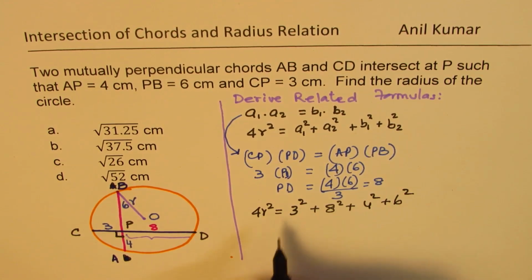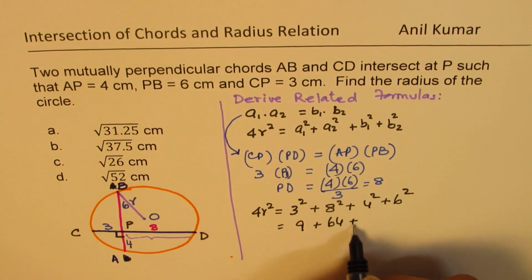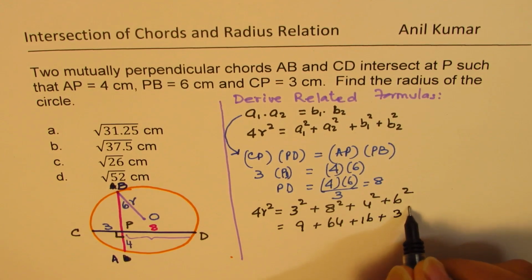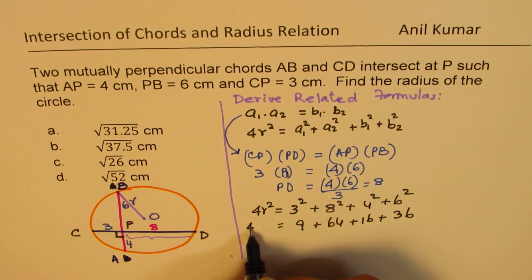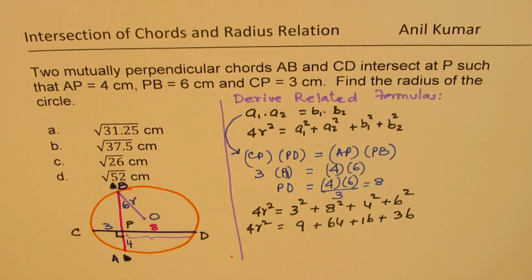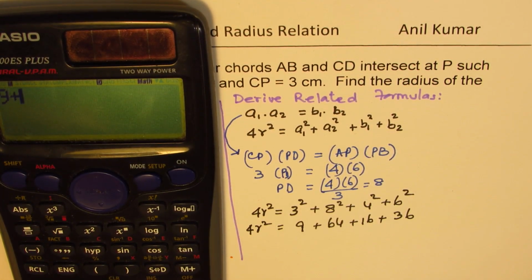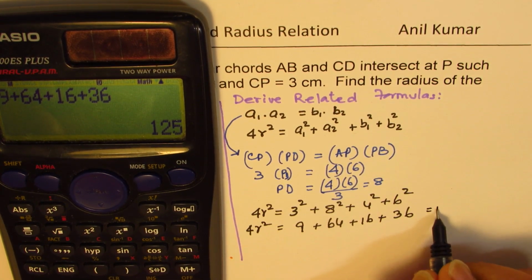So we can just add them up. So we get 9 plus 64 plus 16 plus 36 is 4r square. Clear? Now normally you can do it without a calculator, but let's do it with a calculator now. So we get 9 plus 64 plus 16 plus 36 equals 125.